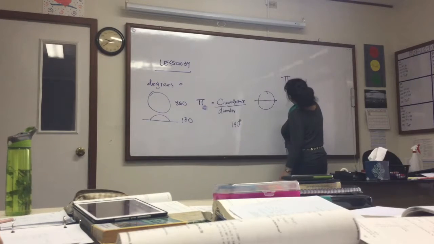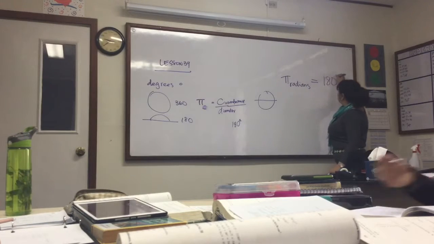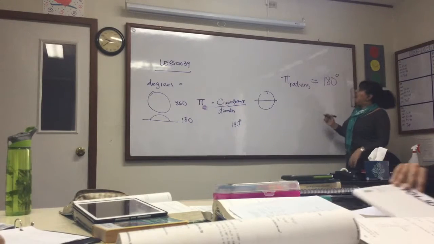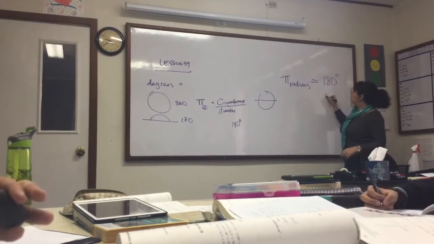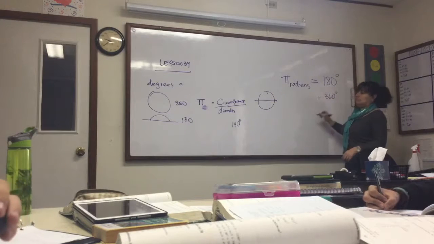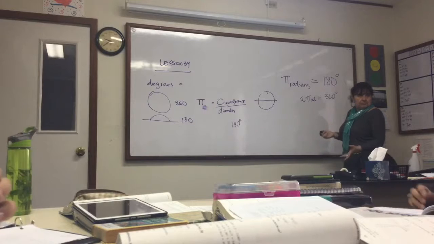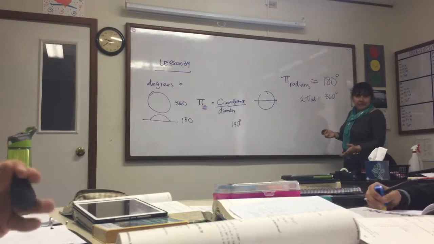So pi radians is equivalent to 180 degrees. That's simple, okay? So, how much would 360 degrees be? 2 pi radians. Nothing really hard there, right?